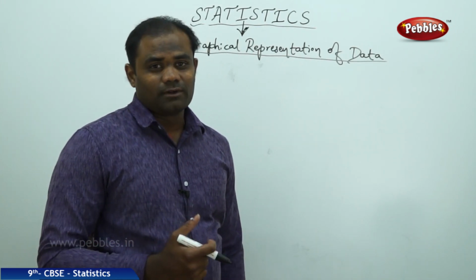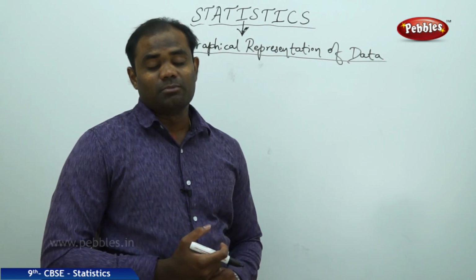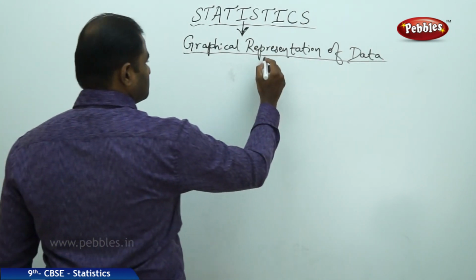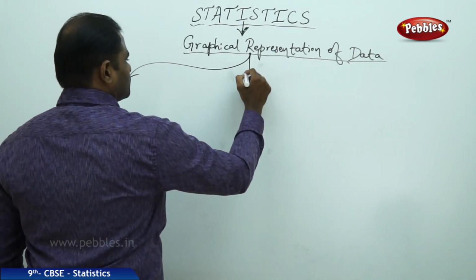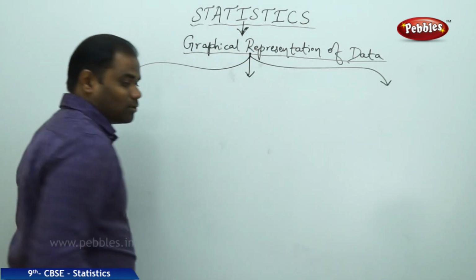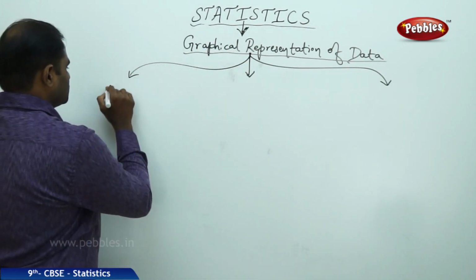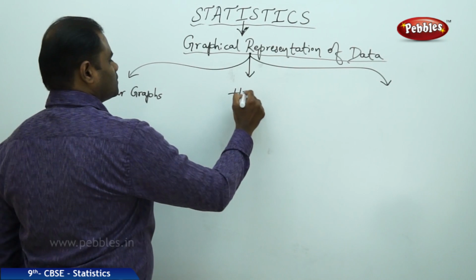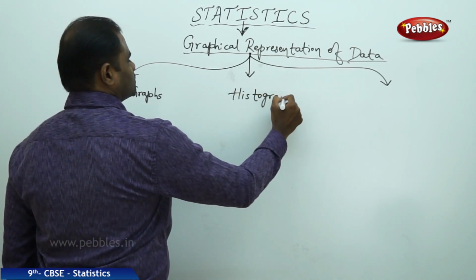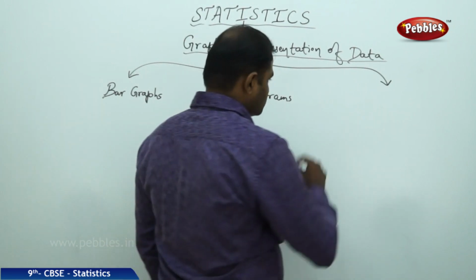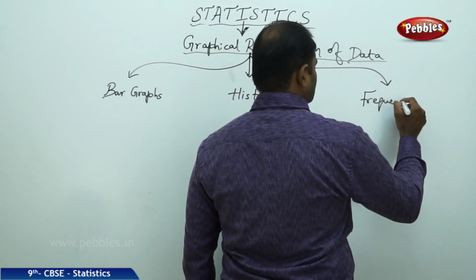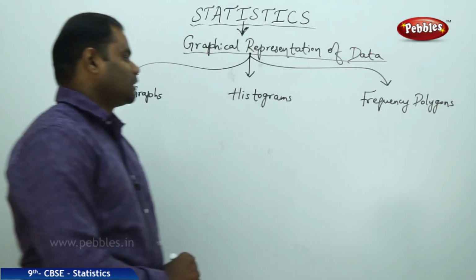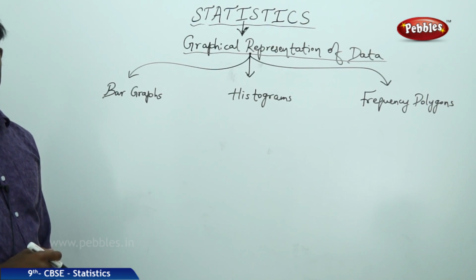There are three types of graphical representations which we use most frequently in the branch of statistics. The three graphical representations which we are going to deal with in the syllabus are bar graphs, histograms, and frequency polygons.